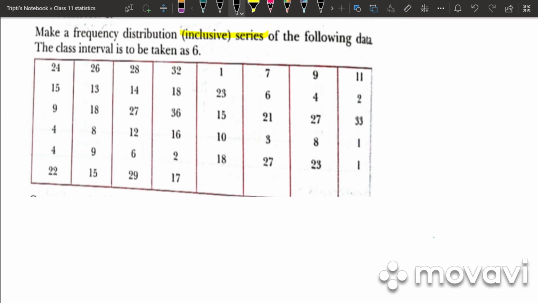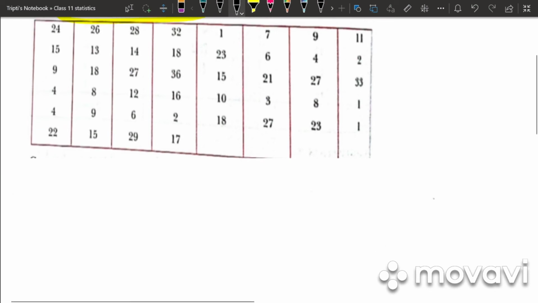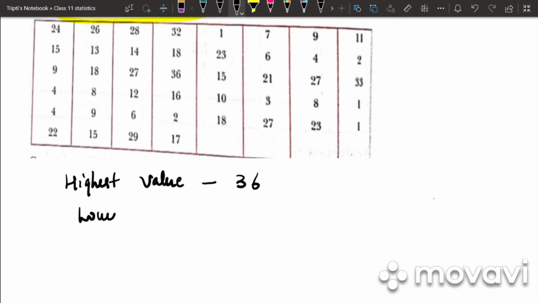So first, we need to write down the class interval. In the question they have given us that the number of class intervals is to be taken as 6. So what is the highest number here? The highest value is 36 and the lowest value is 1.